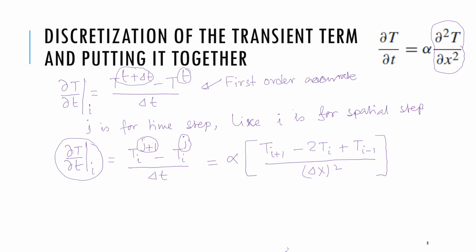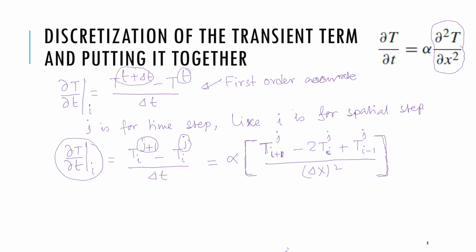Now the question is, the temperature at node i+1, temperature at node i, and so on, also depend on the time. So we can evaluate this part, the ∂²T/∂x², using time t or time t+Δt. Now we want to keep things very simple, and for the simplest case, we're going to use temperatures at time t, which means these will all have j in there.